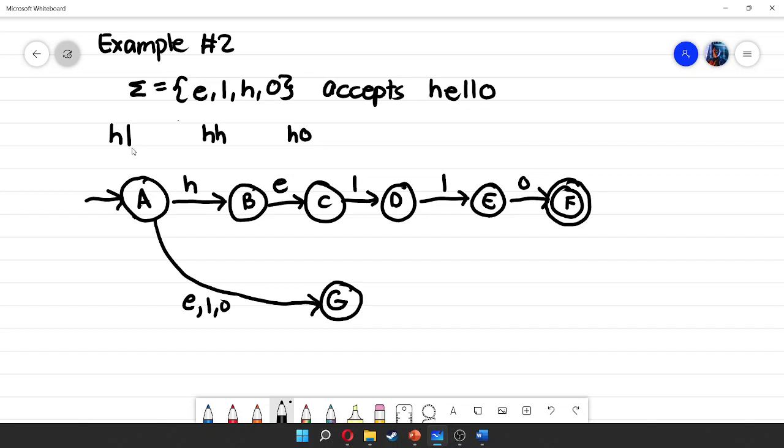Therefore, okay, so kaning HE correct ni siya. Kaning HL wrong, HH wrong, HO wrong. Therefore, if makabasa tag letter L, H, or O sa second nga character, we will reject again.